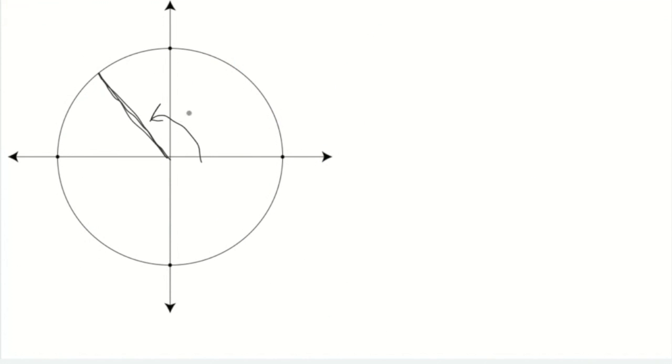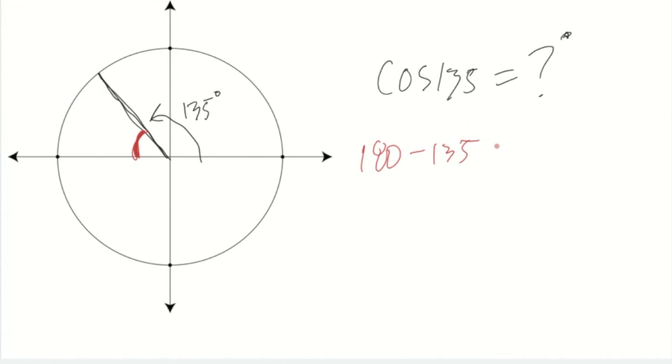Let's say this is 135 degrees. What is cosine of 135? Well, I know that my angle always has to be with the x-axis here. So I'll do 180 minus 135. That gives me 45. So I care about my 45-degree angle here.